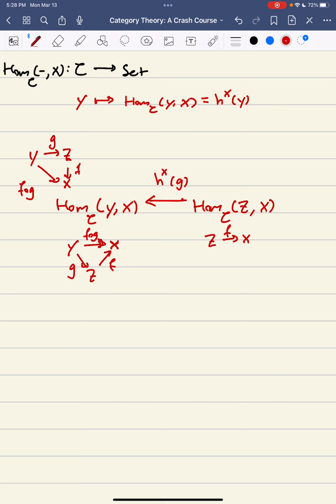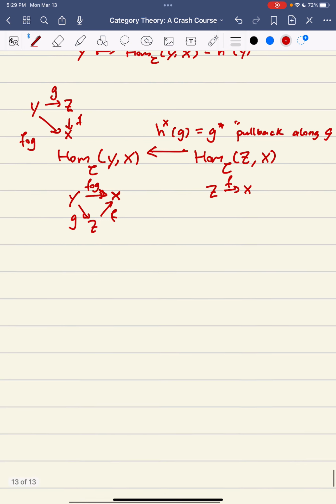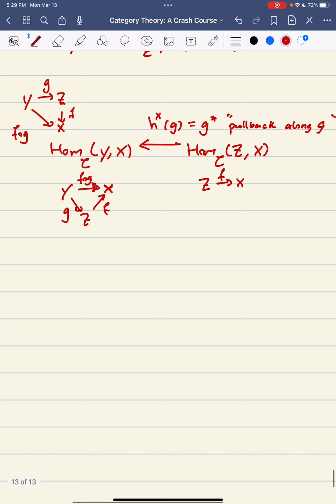So we pre-compose with f here. If I send, in this case, I call this the pullback along g, it sends the following.